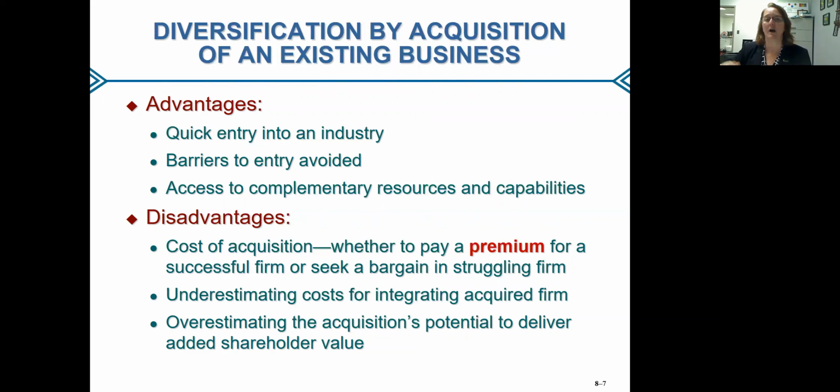That initial cost of purchasing, let's say, a bargain or a struggling firm, could have some unforeseen problems. You could underestimate the cost of integrating the 2 companies, or overestimate the acquisition's potential to add value.